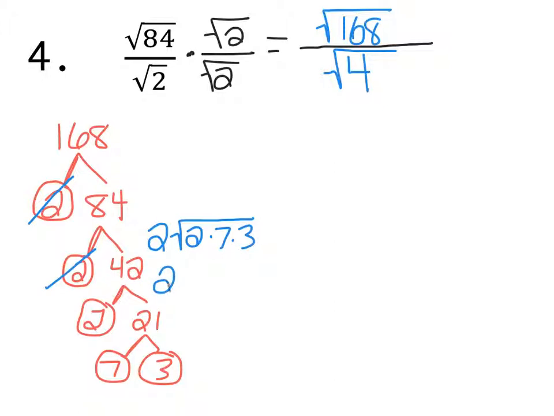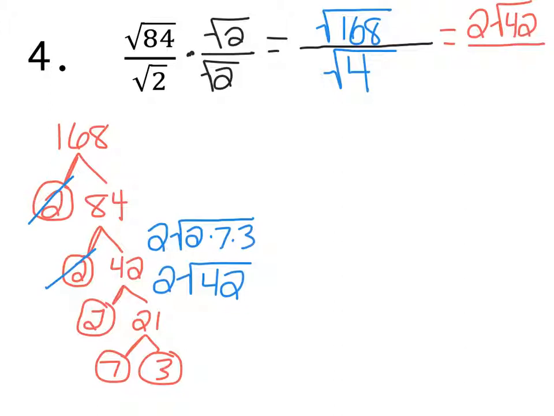So 2 times 7 is 14, and then 14 times 3 is going to give us 42. Okay, so the square root of 168 is the same thing as 2 square root of 42.